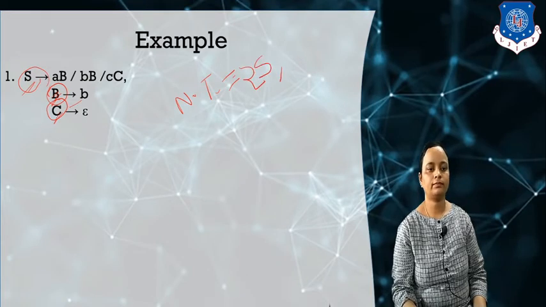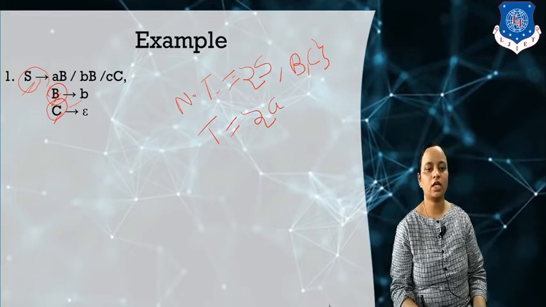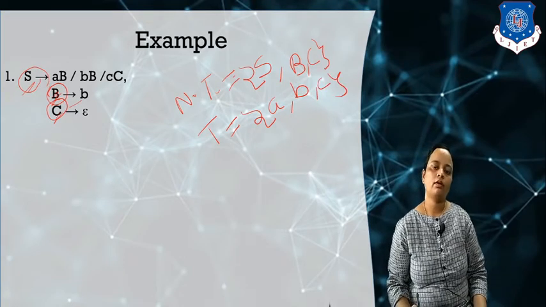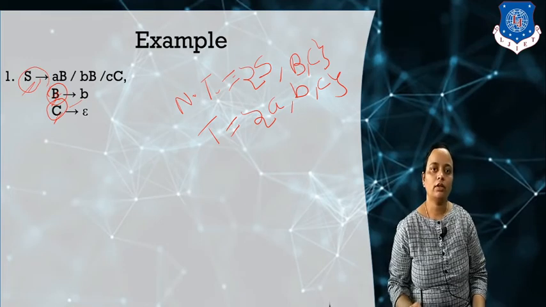Now terminals: the remaining symbols are included in this. They are the small letters a, b, c, and also the null string.